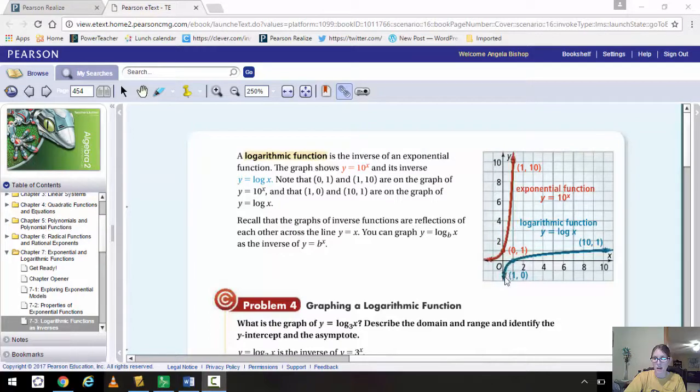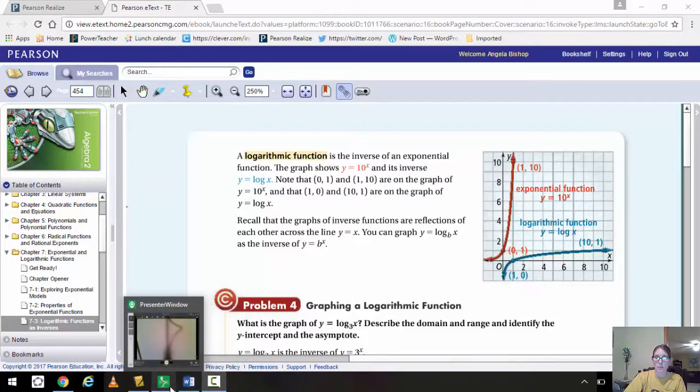But, oh, look here. That blue function, it's not crossing the y-axis. So hopefully that kind of makes sense too. Being inverses, the x and the y flip. So in exponential functions, we have a horizontal asymptote. In logarithmic functions, we have a vertical asymptote, the y-axis in this case.